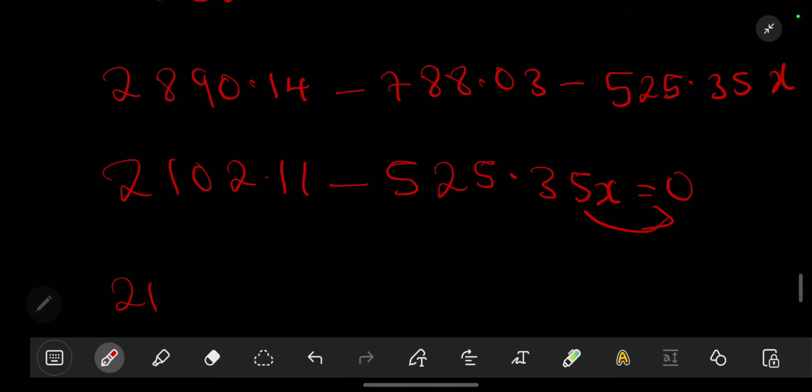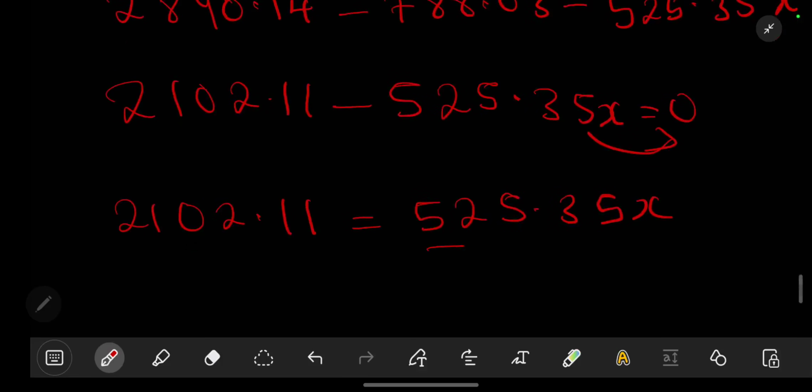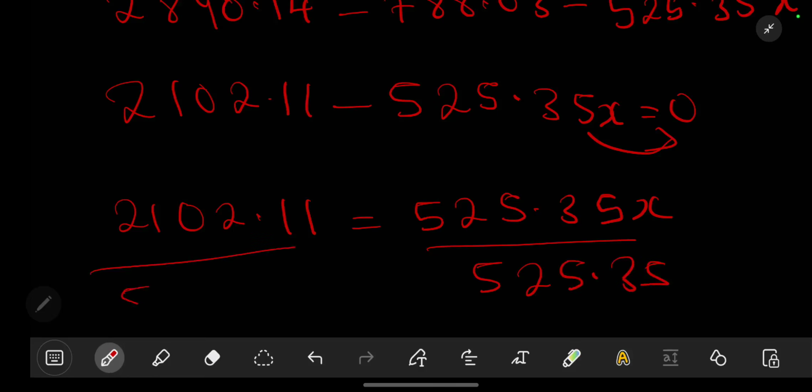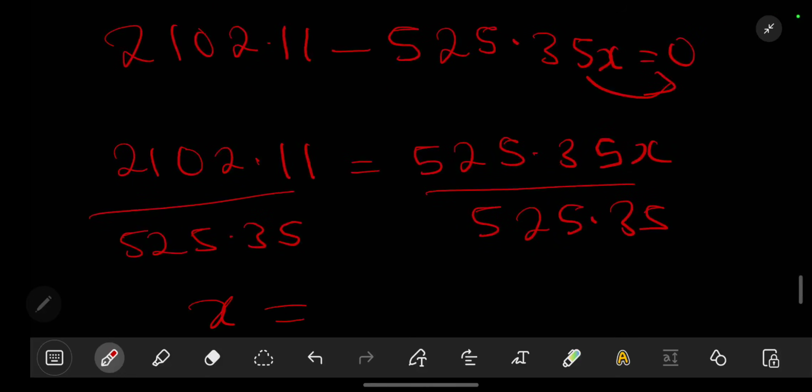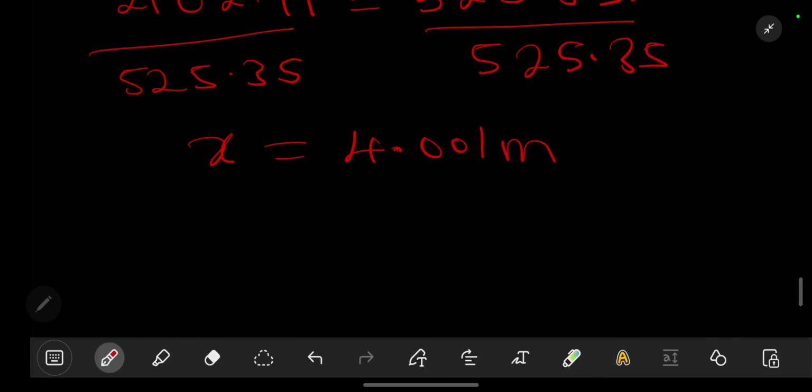It will be 2102.11 should be equal to 525.35 x. We divide by 525.35. This is going to give us x equal to 4.001, which is just 4 meters. So that is how we go about those questions.